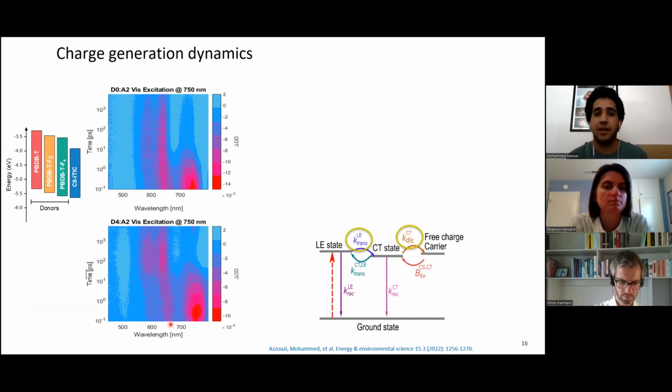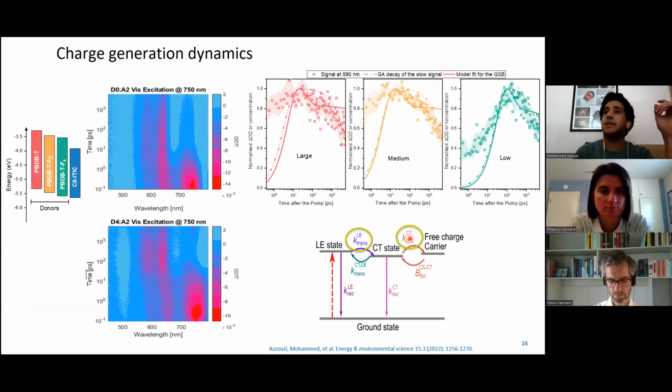What we're going to try and probe is the ground state bleach of the donor, and that gives us information about how fast the transfer from exciton to CT or CS state happens, and therefore we can extract these parameters. We use these two parameters, knowing the recombination rates from the previous model, to fit the ground state bleach of the donor.